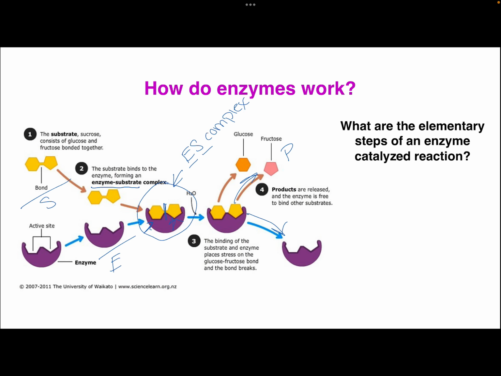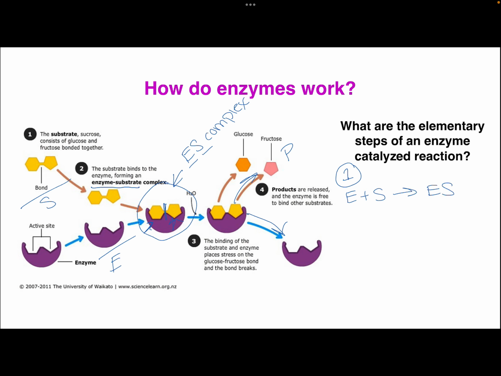So what's going on here chemically? What are the elementary steps that have to happen during an enzyme catalyzed reaction? You can think about it as two elementary steps. The first one is the binding: enzyme and substrate coming together to form the enzyme substrate complex.